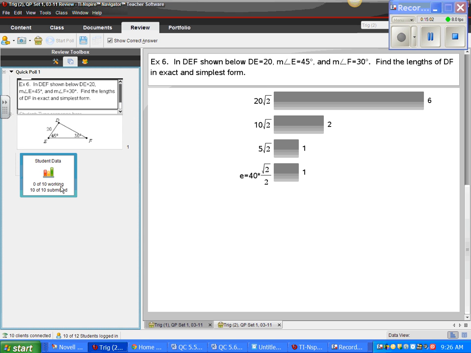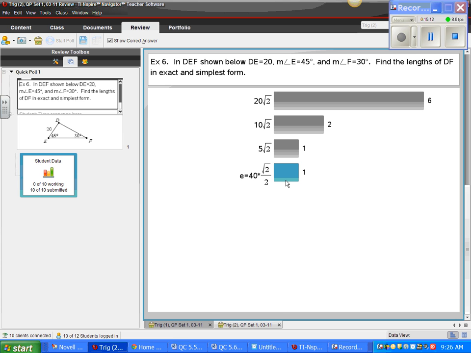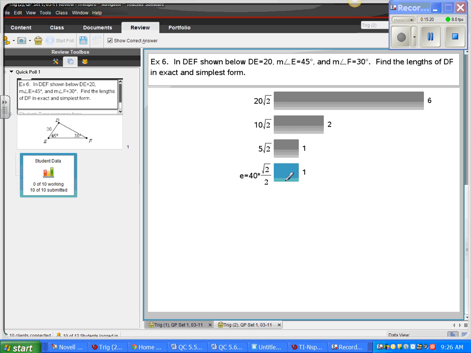Let's take a peek. All right, so we had 6 people say 20 radical 2. Awesome job. 10 radical 2, 5 radical 2, and 40 times radical 2 over 2. Help me out with this one. What's 40 times radical 2 over 2? What do I know about these two things? They're the same.